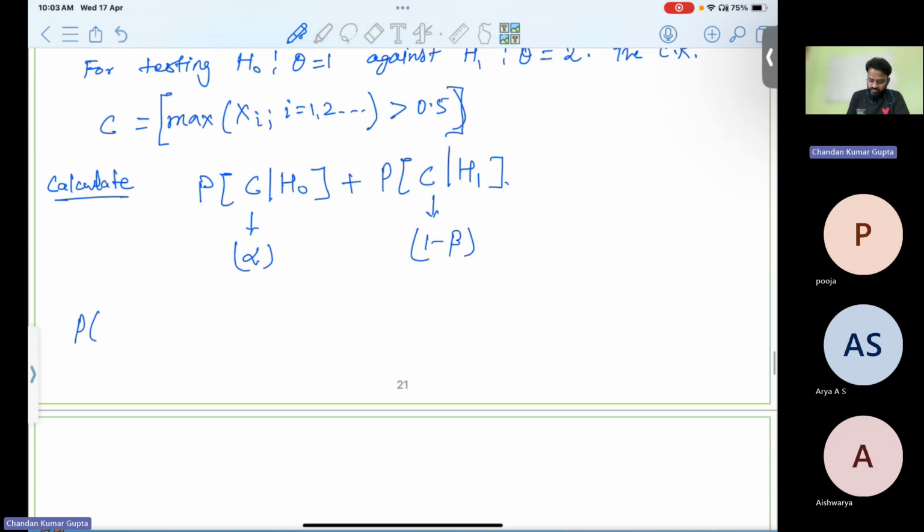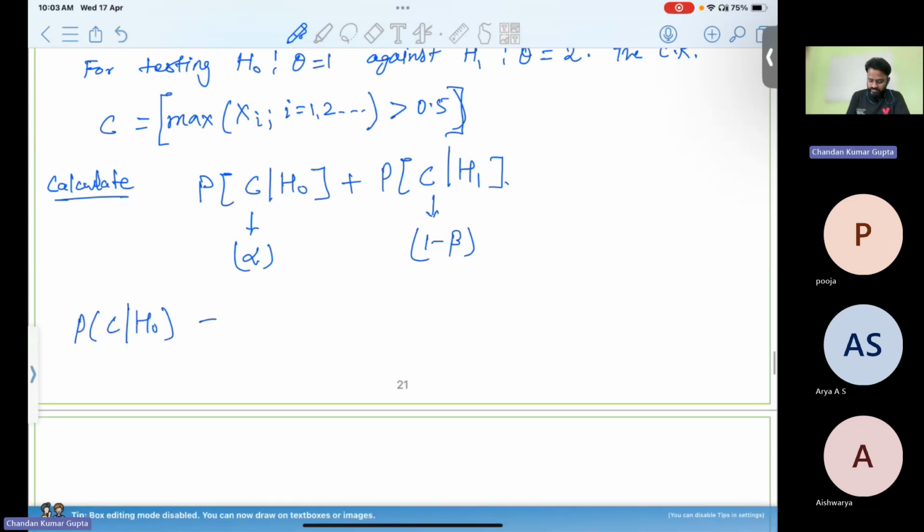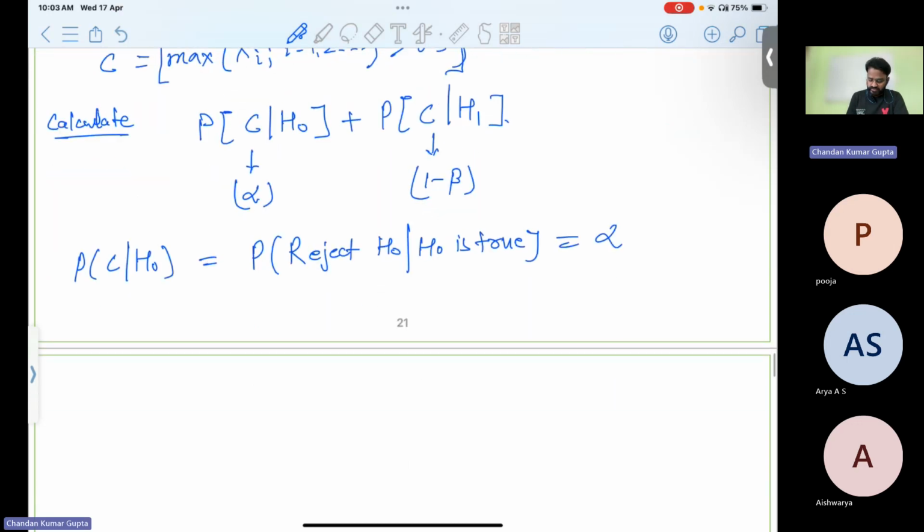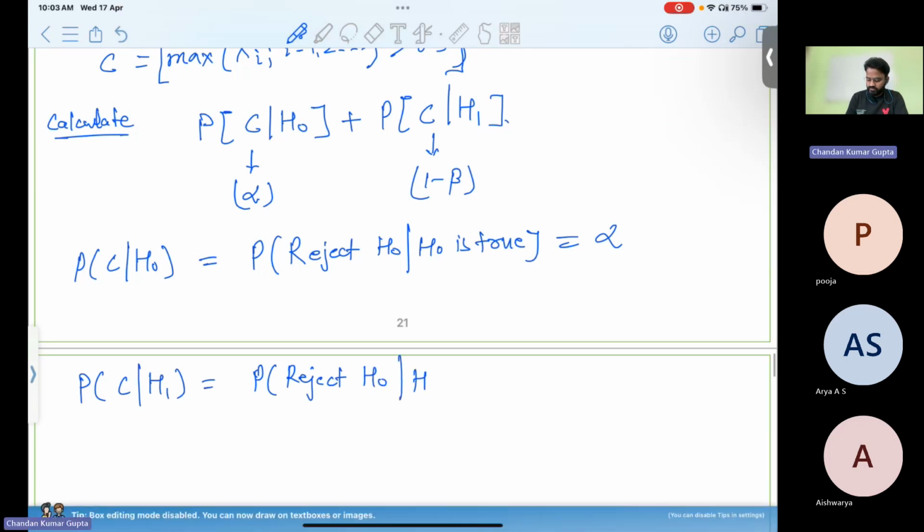Because the first one is what? C under H naught. C means critical region, that is, reject H naught when H naught is true. This is nothing but alpha. And the second one is what? C under H1. That is C, that is, reject H naught again, when H1 is true.